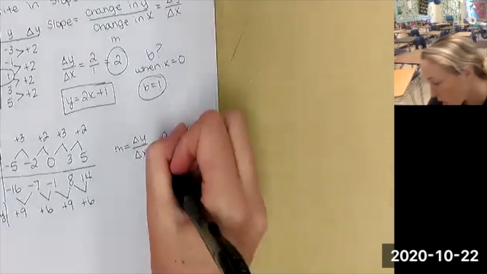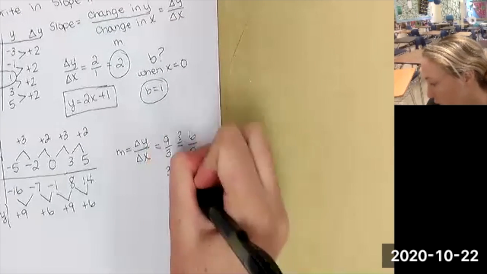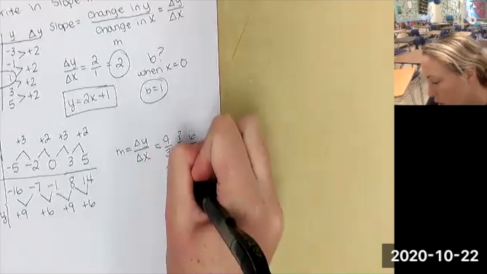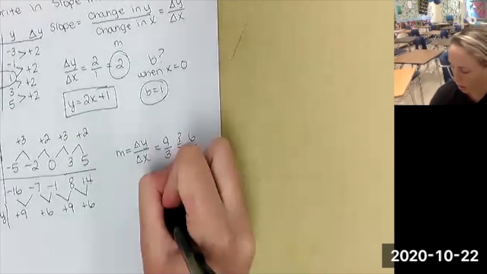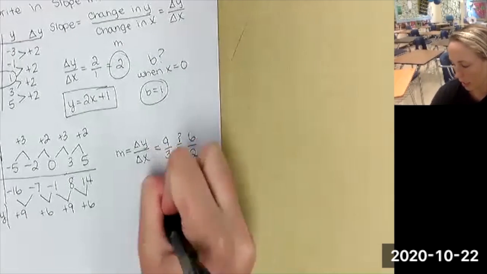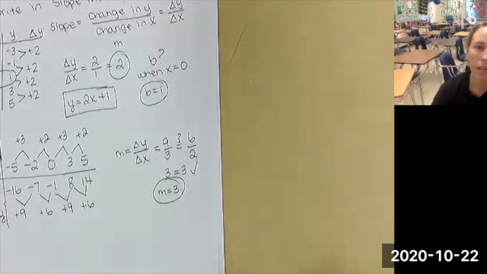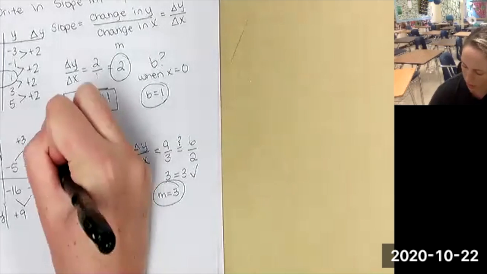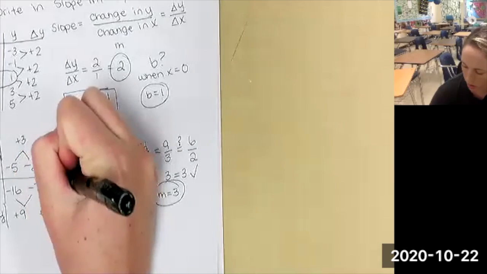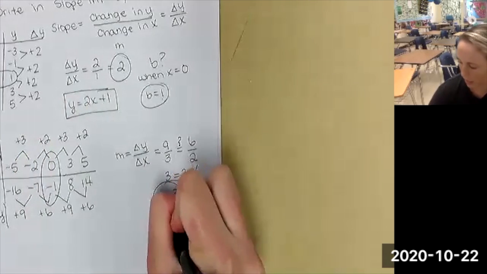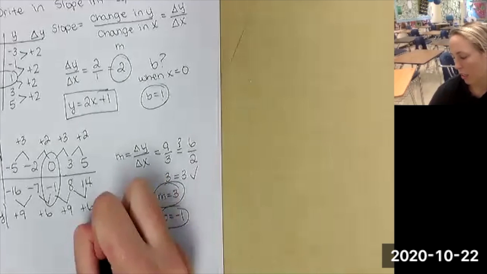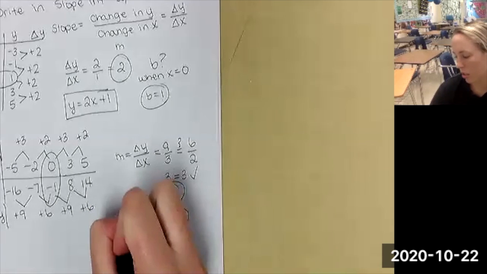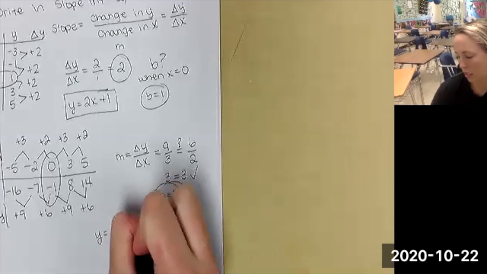So 9 over 3 actually equals 3, and 6 over 2 equals 3, so we're good. And our slope is 3. Okay, now we need to find our y-intercept. That's when x equals 0. So our b is -1. And we can write our equation y equals 3x minus 1.